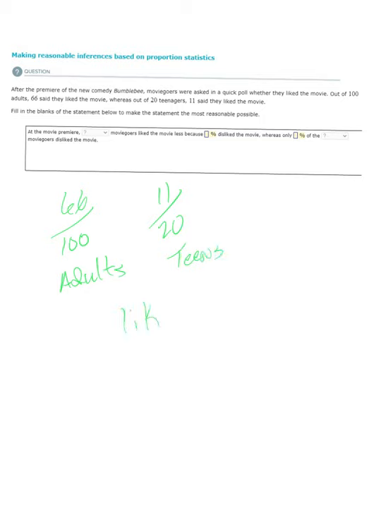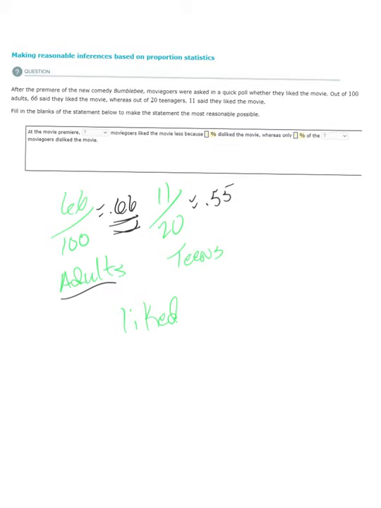These are percentages liked. So if I do a little math real quick, this is 66% and this is 55%. So it looked like this is a higher number. The adults liked it better than the teens based on this because they have a higher percentage liking it.